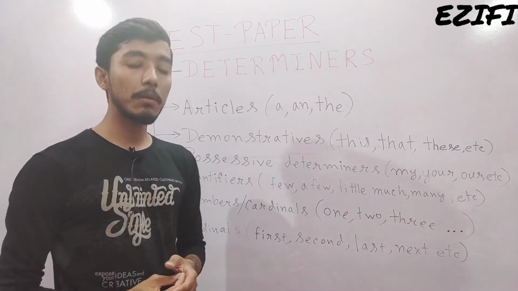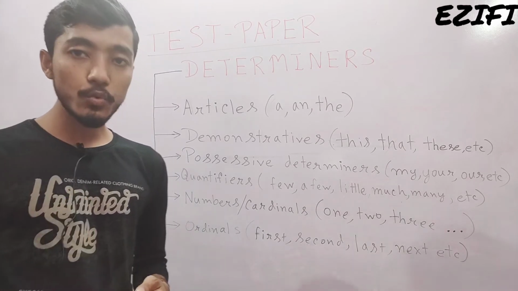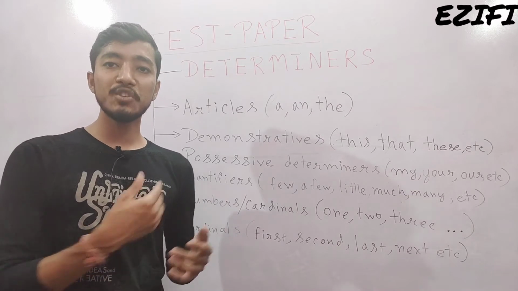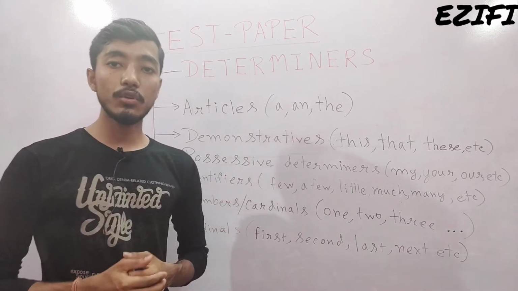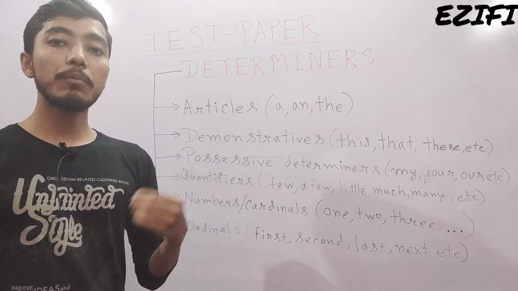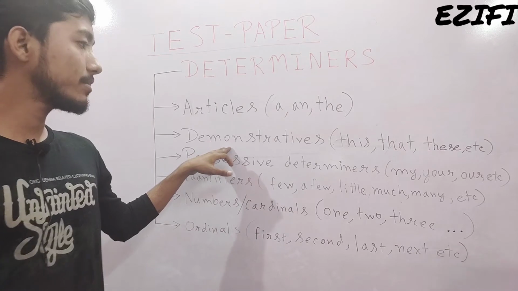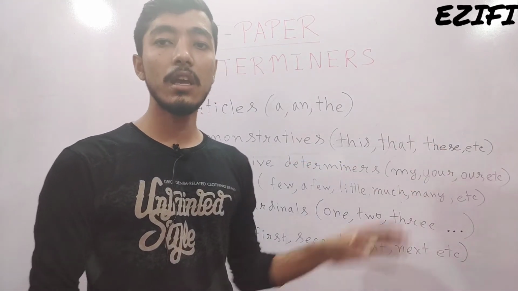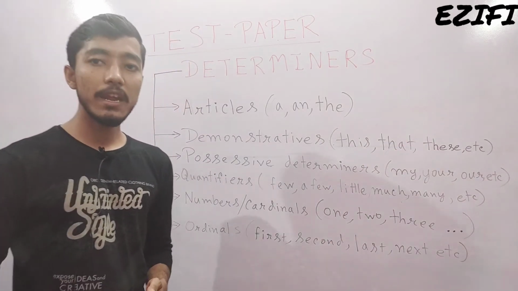Demonstratives demonstrate to us that about which we are talking. Like if I say this pen, this chair, this board, when they demonstrate a particular thing, we call them demonstratives. That is why this, that, these, those, and words as such, we classify as demonstratives.